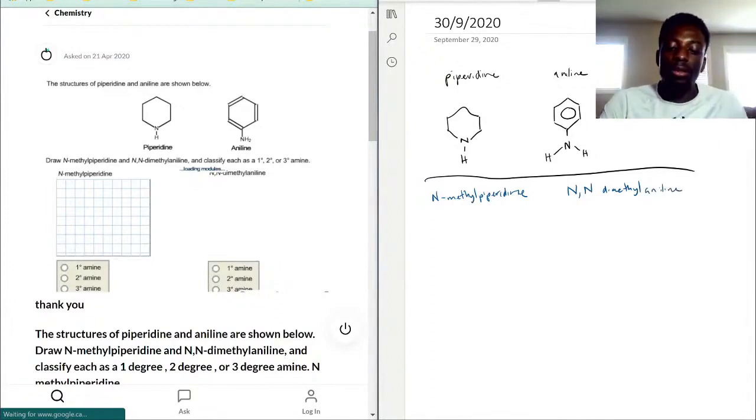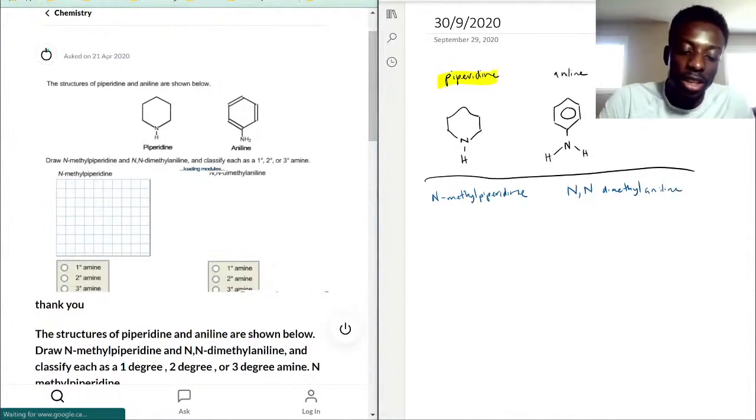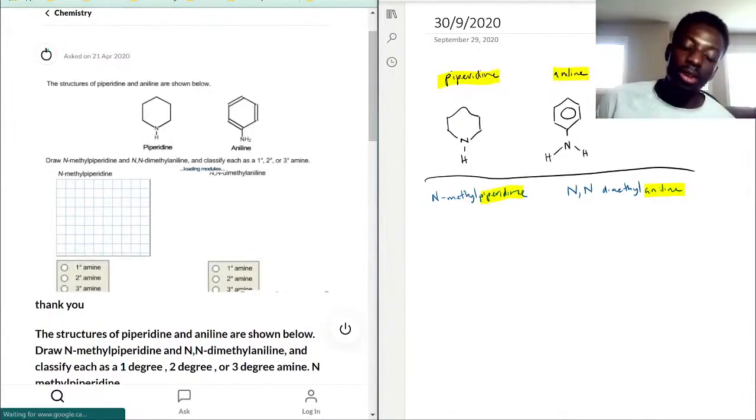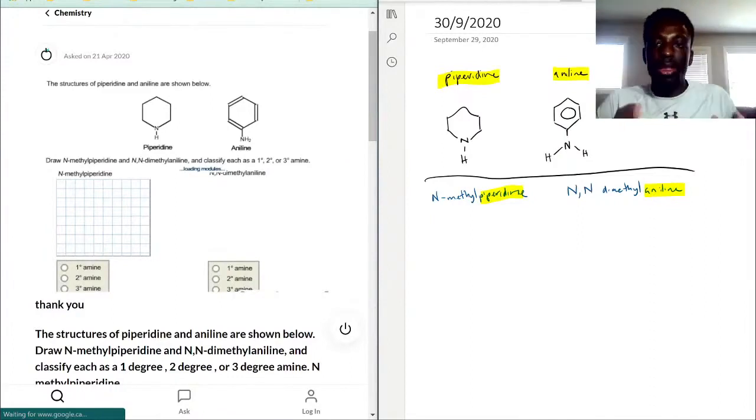So right off the bat, you know that because these two have the same ending and these two have the same ending, these two structures are going to be very similar to each other. We just now notice a difference. So when you go back to your nomenclature, you know that when they have a prefix indicating something like methyl, ethyl, propyl, it means that there is going to be a chain, and the thing before that prefix, the N, for example, tells us where it's located.